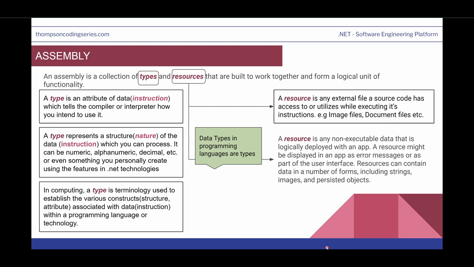Resources can contain data in a number of forms, including strings, images, and persisted objects. Alright, so that is basically the two things you need to understand. We have types and we have resources, and these form the logical unit of functionality which defines an assembly.